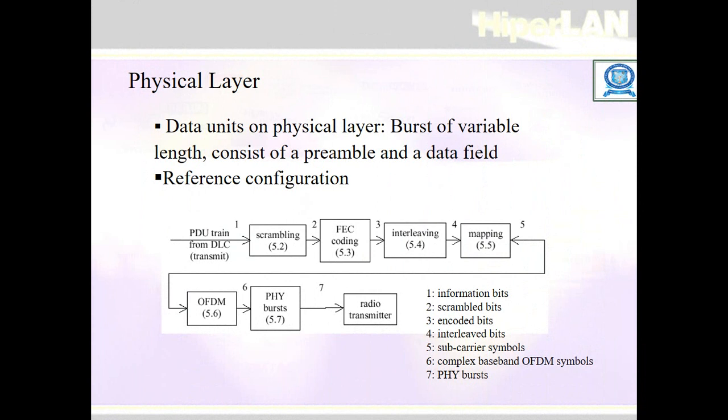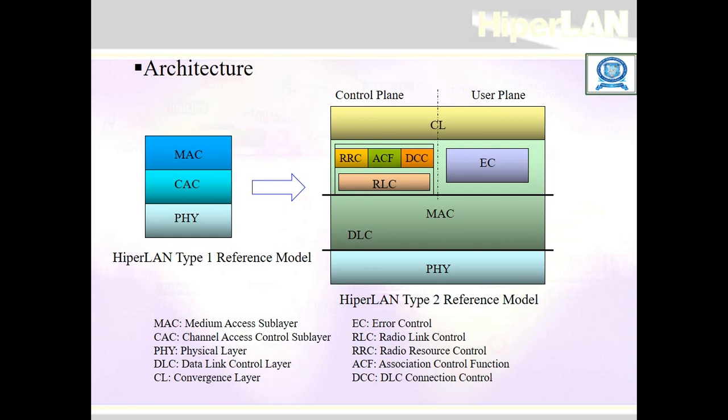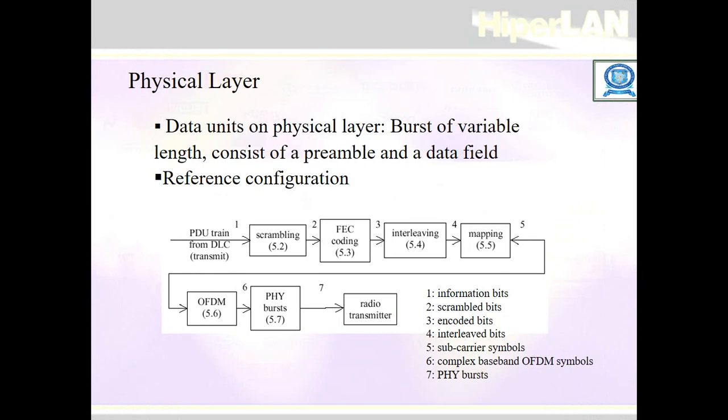The data unit of the physical layer is a burst of variable length, consisting of a preamble and a data field. The given diagram shows the physical layer configuration. The PDU is received from the DLC, the data link control layer we already saw. It has preamble bits for synchronization between the source and receiver, then encoding mechanisms for converting one form of information to another, and then interleaving bits.